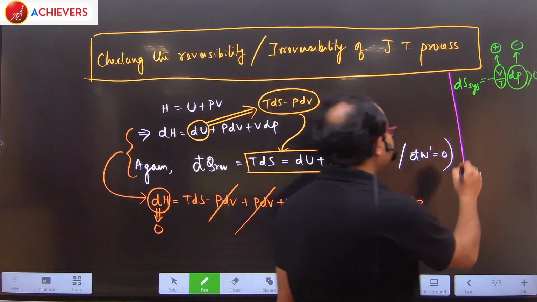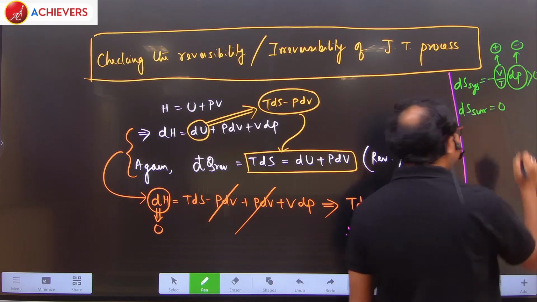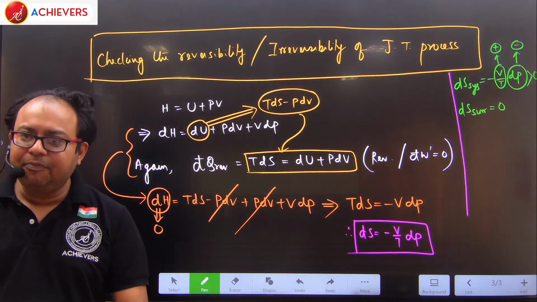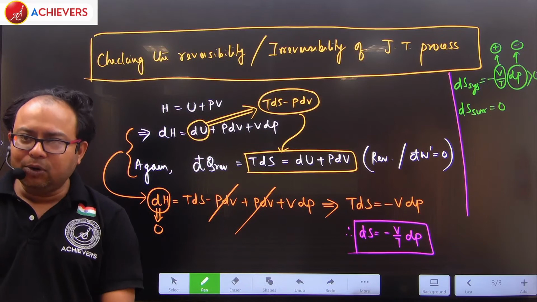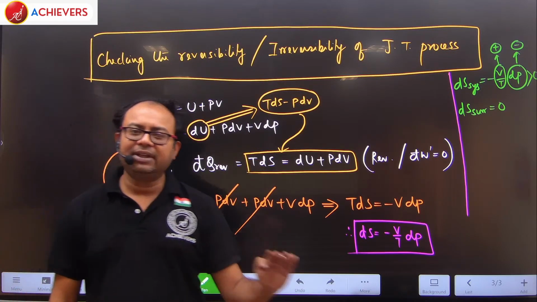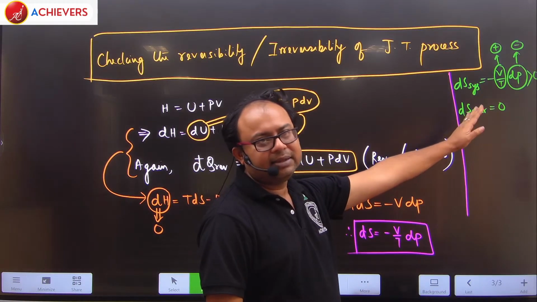And what about dS surrounding? dS surrounding is equal to 0. Why? Because you have maintained an adiabatic enclosure, and due to this there is no heat interaction between the system and the surrounding, thereby dS surrounding is equal to 0.